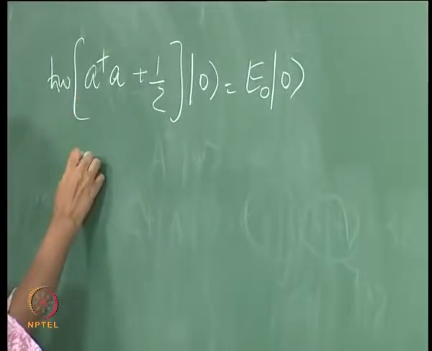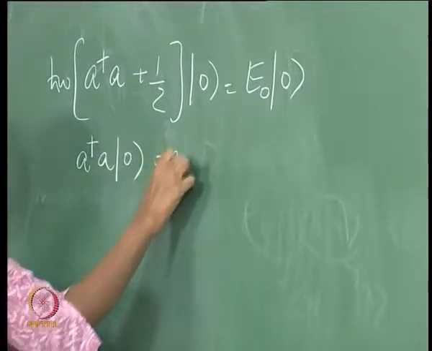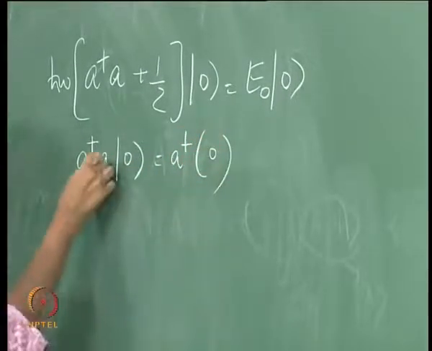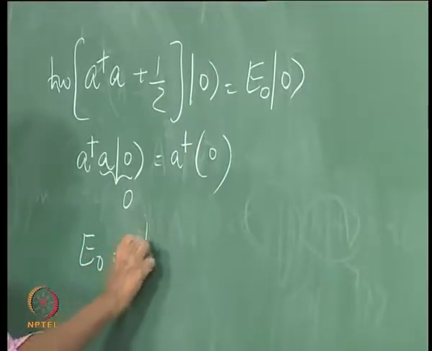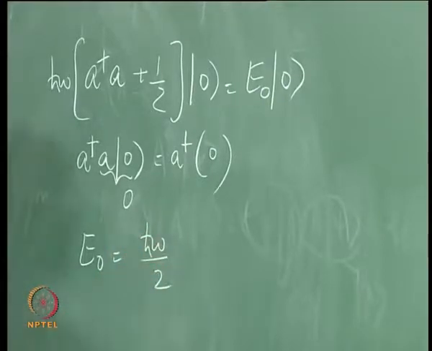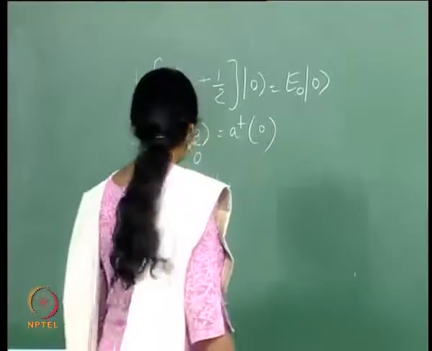Look at the first term. A dagger A acting on ket 0 is 0 because A on ket 0 is 0, and therefore that tells me that E0 is ħω by 2. I now have the complete picture.